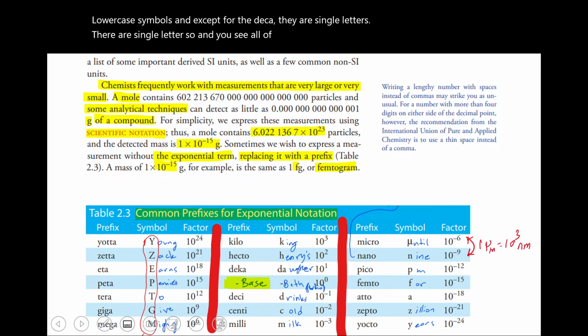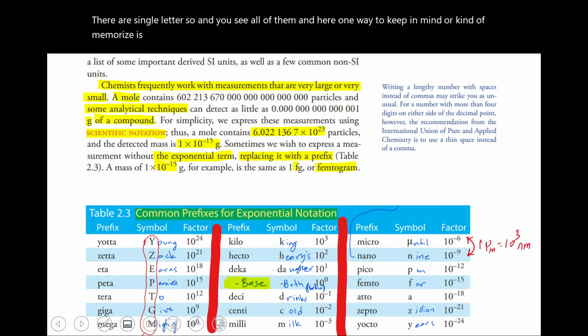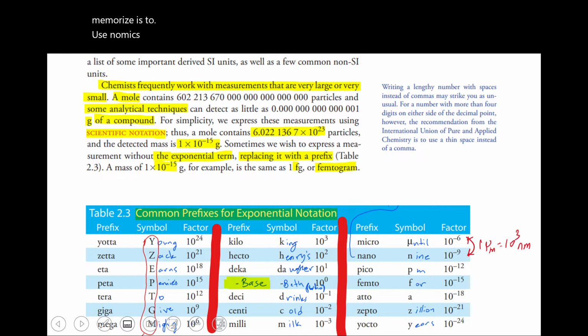And here, one way to keep in mind or memorize is to use mnemonics. From top all the way down, we can come up with this. I got this from the internet.